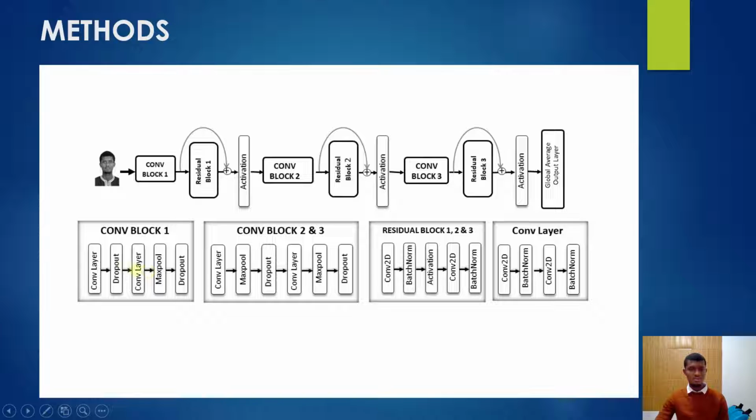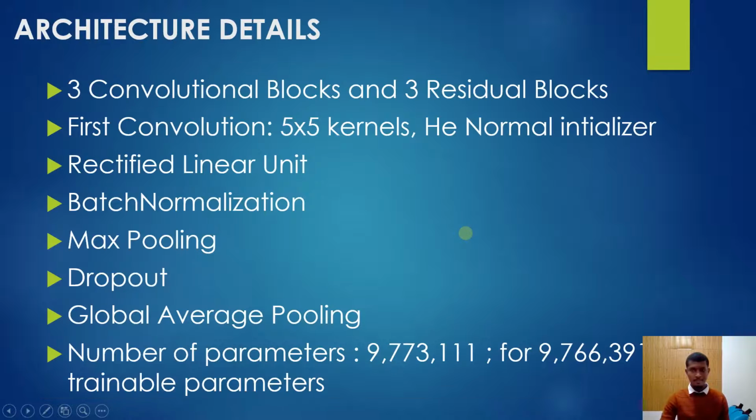In the other conv layers, we have the activation before the batch norm. And at the end, the previous output will be added to the output of the residual block and then activated. After that, we have a global average pooling layer and then the classifier.